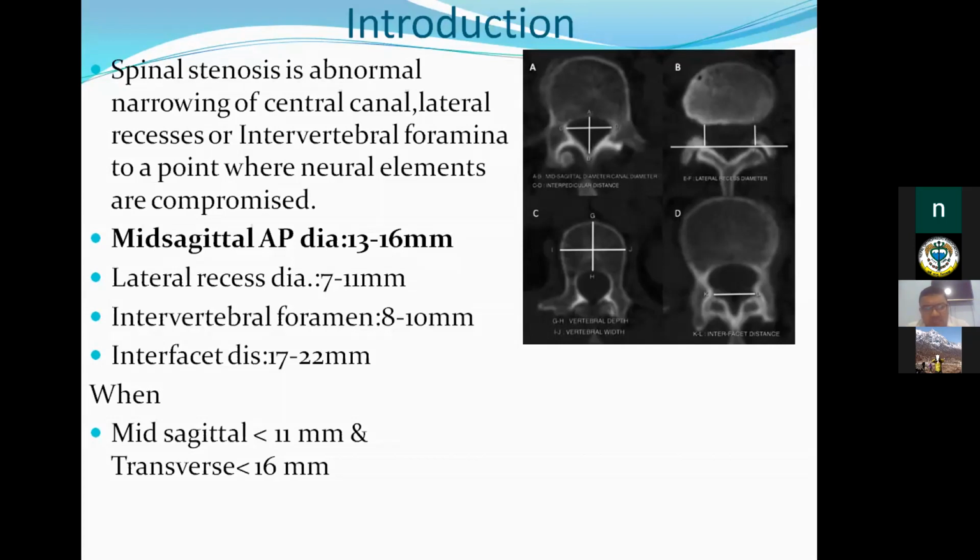But if it is less than 10, then we call it spinal stenosis. There are other parameters also, like lateral recess diameter, which is normally 7 to 11, and intervertebral foramen diameter, which is normally 8 to 10 mm.